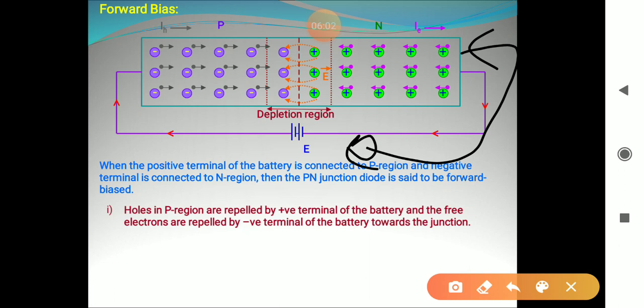Similarly, in p side, covalent bonds are broken to give holes and electrons, and the electrons leave this terminal to reach the battery and holes move towards the junction. So as a result, a completion of circuit takes place and continuous current flows through it.